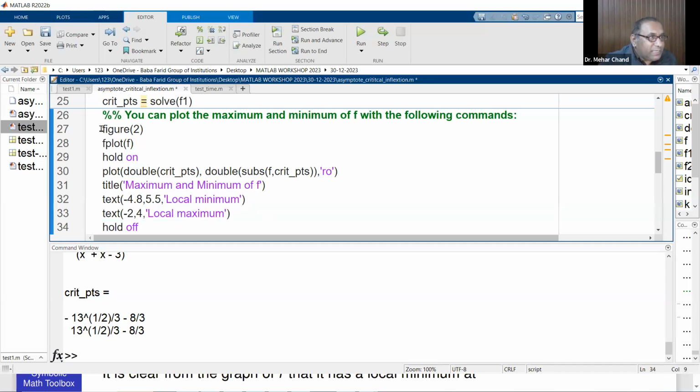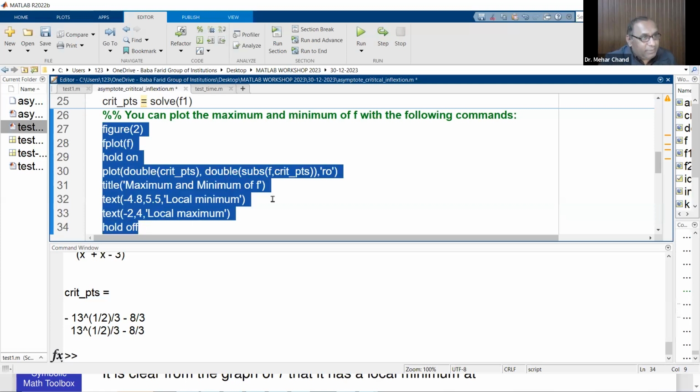So these are the syntax for the second image. Here we did two things. First, we calculate the critical points for the maxima and minima, and by using this statement we visualize them in the image.